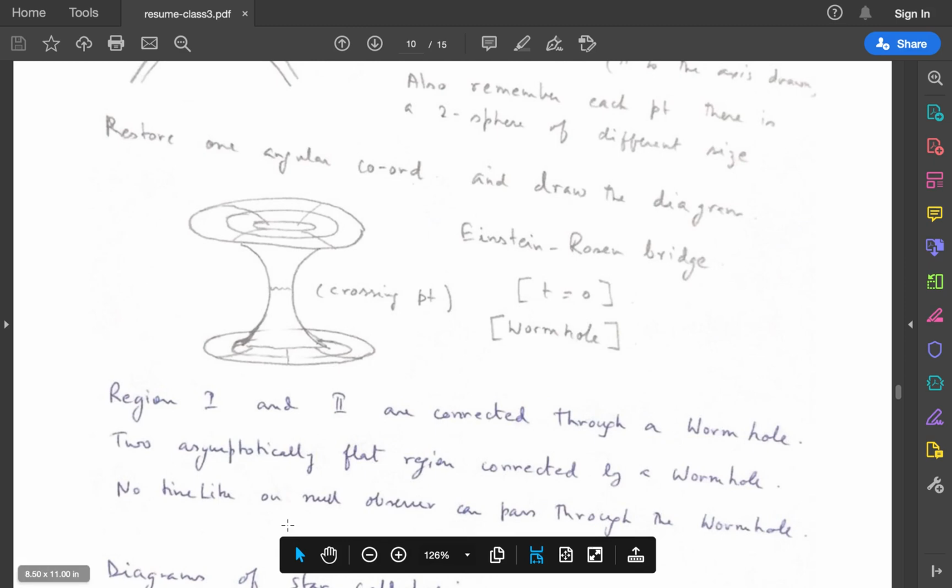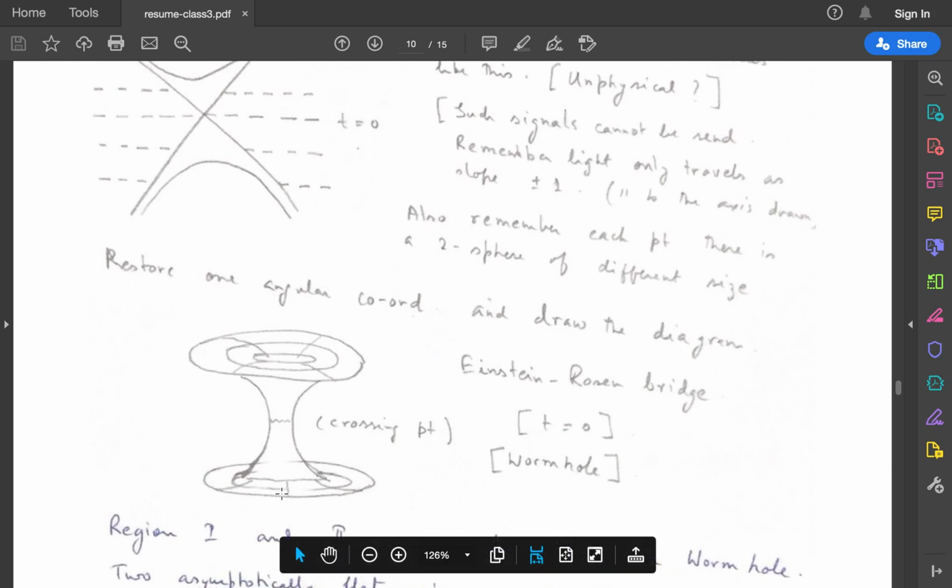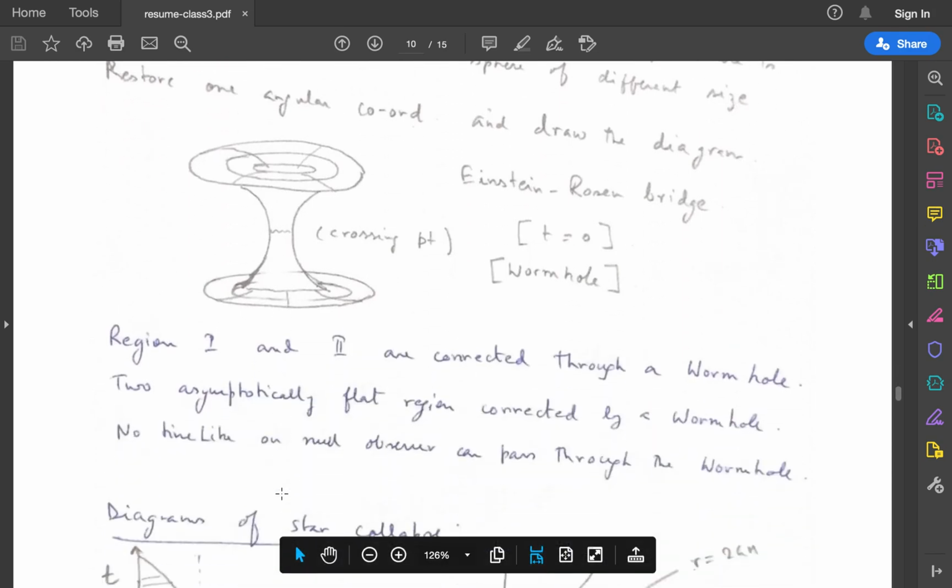However, no time-like or null-like observer can pass through this wormhole, because, as I said, you cannot go like this. Even light can only go like this. But if I have some space-like transmission, then we can pass through it. But these are things which we should not talk about right now. So no time-like or null-like observer can pass through the wormhole.